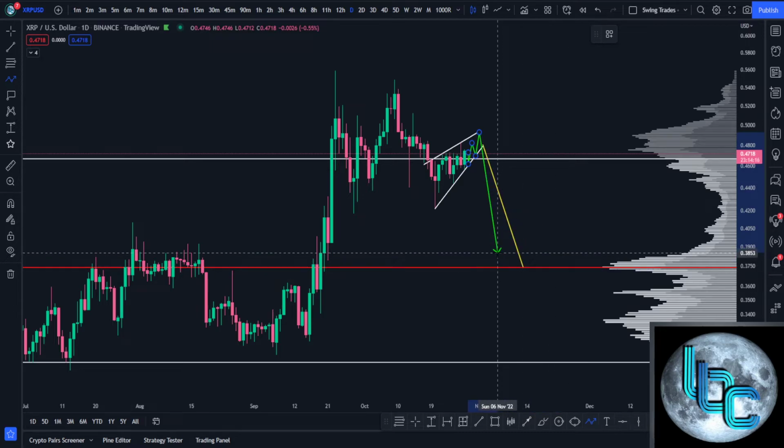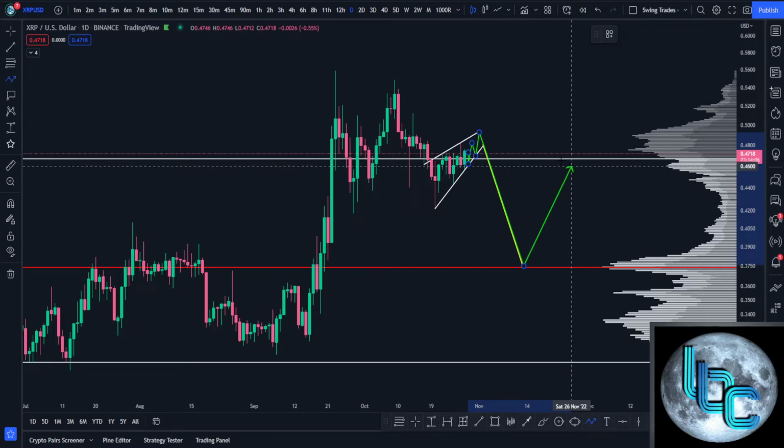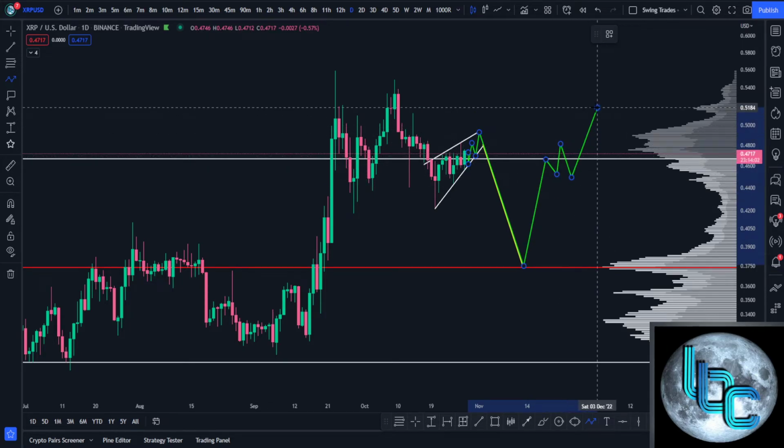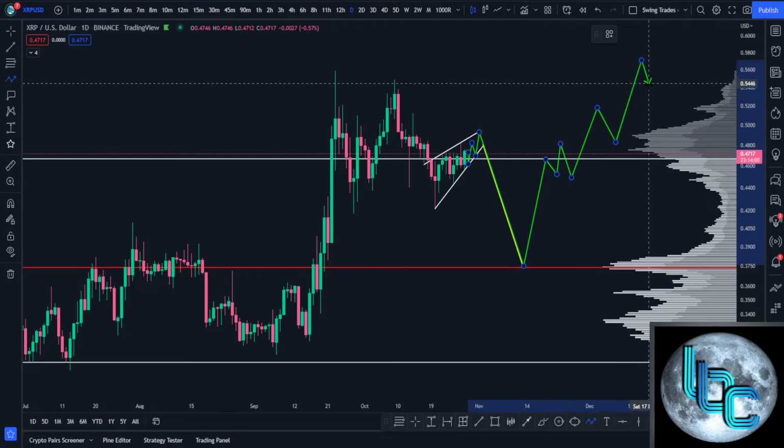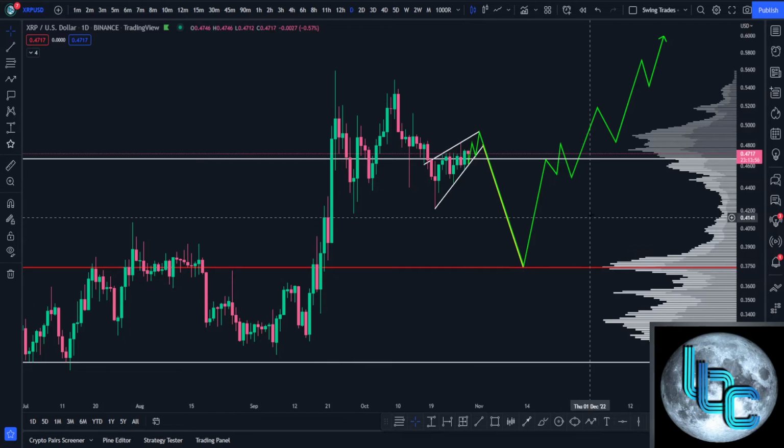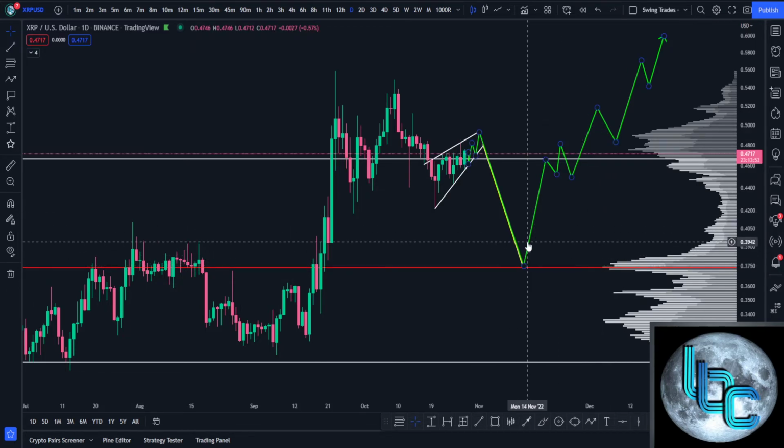End of Sunday, maybe. I mean, give or take a few days. Who knows how long it would take to get down here, but come down to this point of control on this high volume node, and then bounce up, play around here, and then finally get moving. So that's the bullish case.